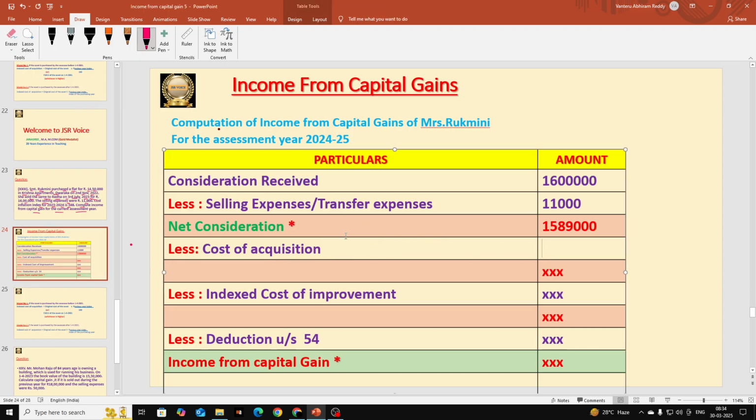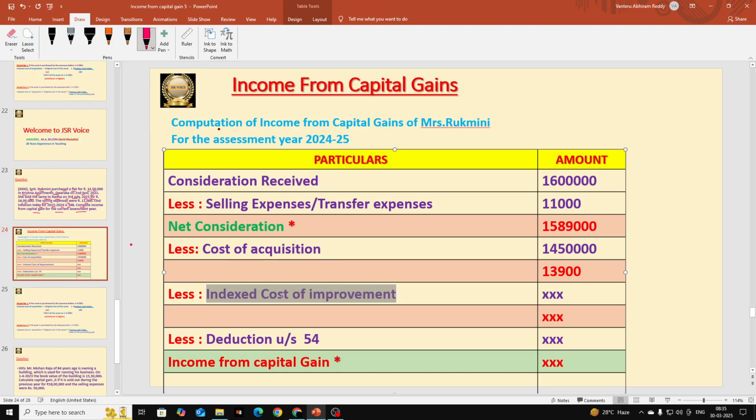So cost of acquisition means the original cost of the asset, that is 14,50,000, and you should deduct that 14,50,000 from 15,89,000. The calculation is 15,89,000 minus 14,50,000, so you get 1,39,000, students. And next, indexed cost of improvement. If any additions are there, we should calculate that.